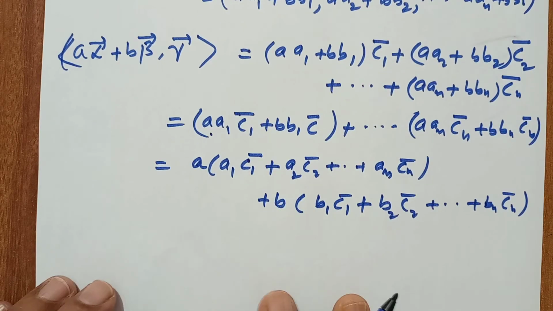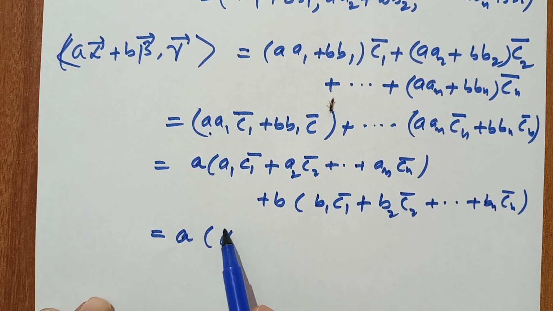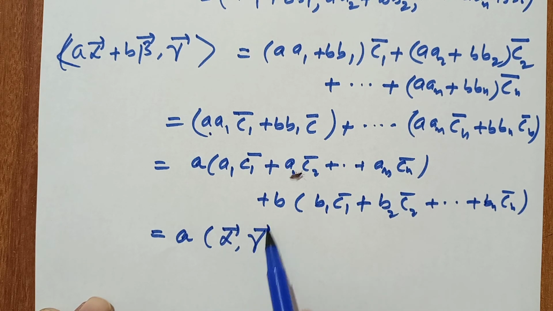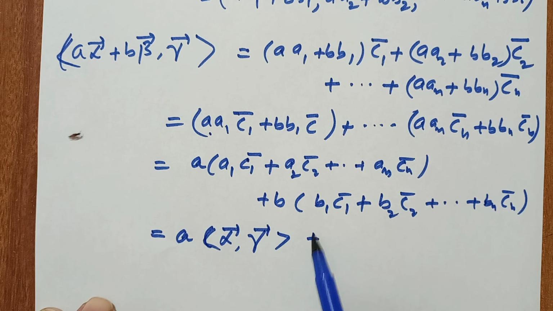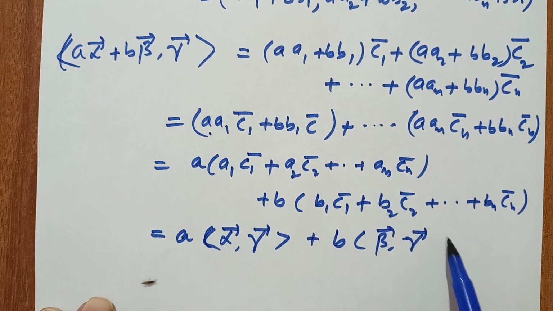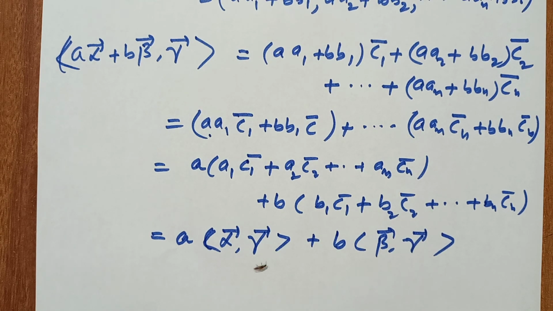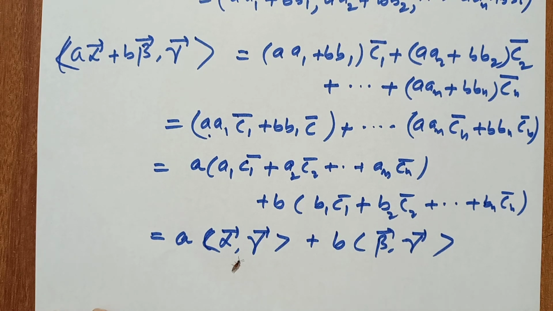Again by definition, this is a times the inner product of alpha and gamma, plus b times the inner product of beta and gamma, which means it is linear in the first variable. So our example satisfies all the properties of an inner product.